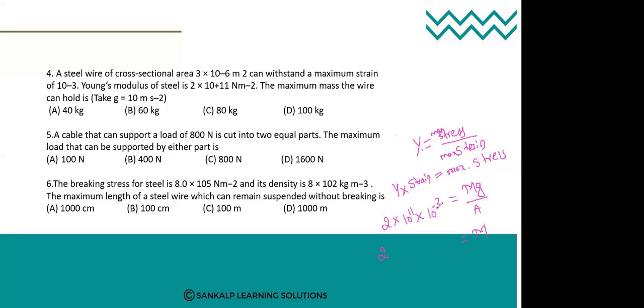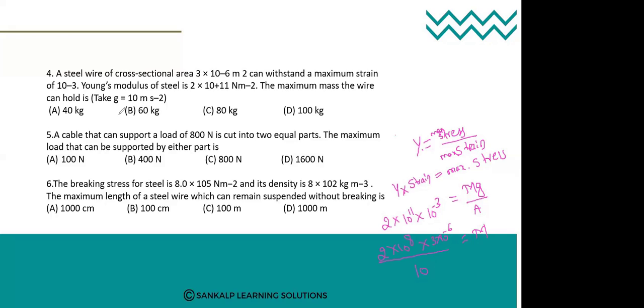So 11 minus 3 will be 8, 10 to the power of 8. Then next into area. So into area is how much? That is 3 into 10 raised to minus 6 upon acceleration due to gravity, which is 10. Do the simplification, you will get the answer.